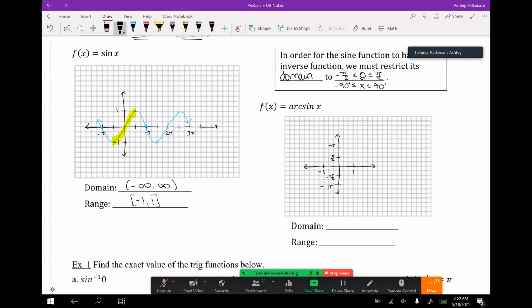This sine function has a point within the restricted domain at negative pi over 2 comma negative 1. Therefore, its inverse will have a point at negative 1, negative pi over 2, all because the x and y values switch. Sine has a coordinate at 0, 0, so its inverse will have a coordinate at 0, 0.